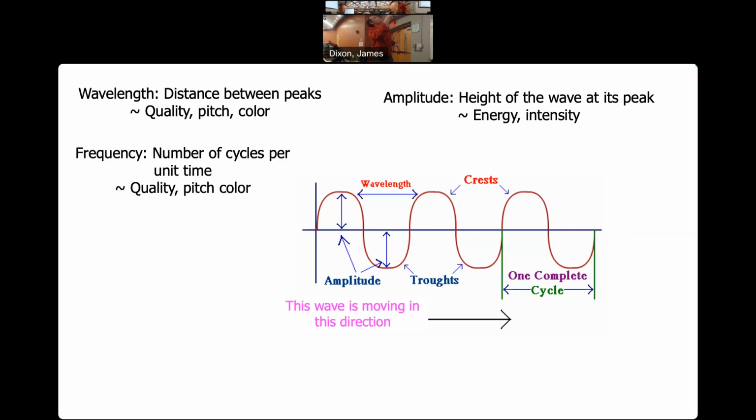Right. So the wavelength and the frequency both correspond in the psychological sense to things like quality and pitch, color, and that sort of thing. Just weird. When you think about sound, the amplitude corresponds to loudness. Frequency corresponds to pitch. When you think about the visual system, the amplitude corresponds to brightness, and the frequency to color.